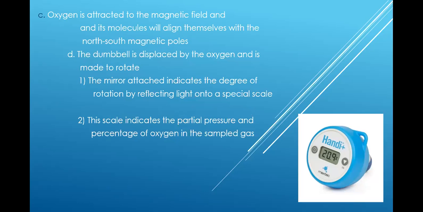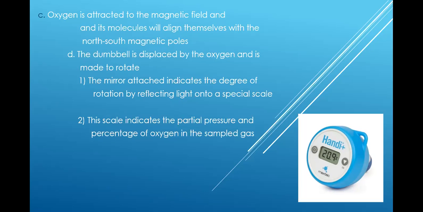So the oxygen in the magnetic field makes that dumbbell start to turn, okay? The mirror attached to that dumbbell indicates the degree of rotation by reflecting light onto a special scale. This scale indicates the partial pressure and percentage of the oxygen in the sample gas.